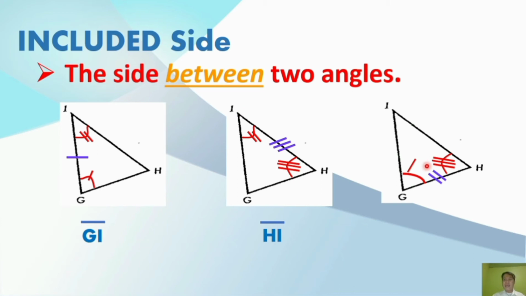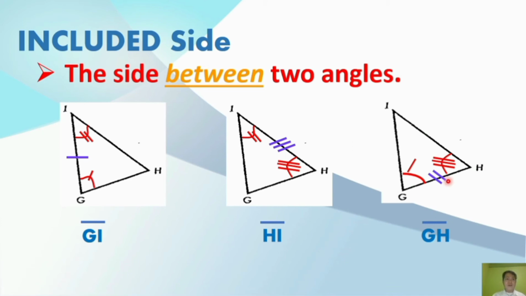On the third triangle, angle G and angle H are marked. So the side that has tick marks is this side here, or the included side is side GH, because this is the side in between two angles that are marked.